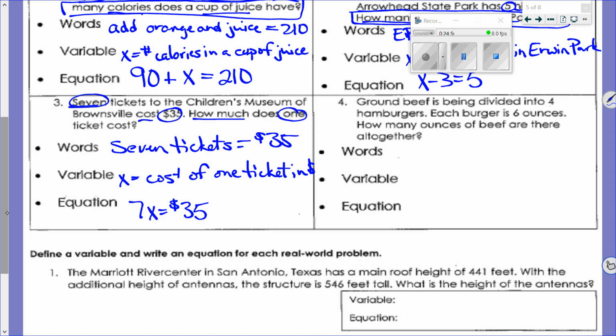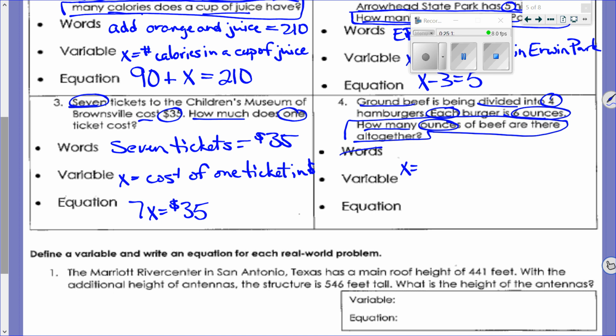Next one. Ground beef is being divided into 4 hamburgers. Each burger is 6 ounces. How many ounces of beef are there altogether? I'm going to skip the words on this one because I want to work on the variables and equation in our last 2 minutes. So what is it I don't know? How many ounces of beef there are altogether?